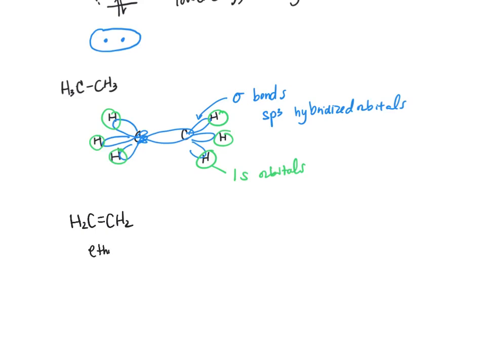When you have ethylene, then you need to form a pi bond between the 2 carbon atoms.